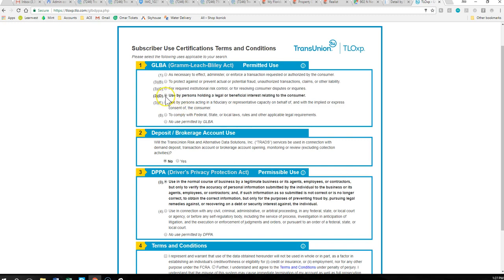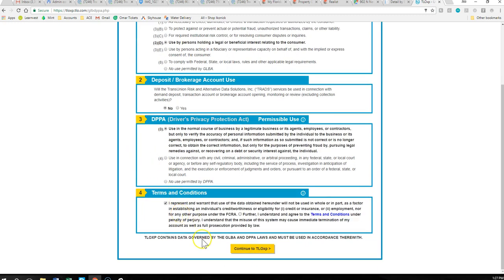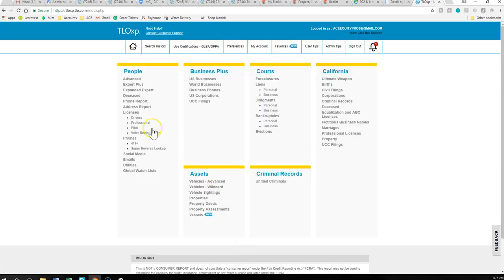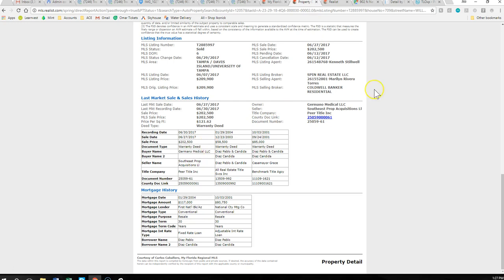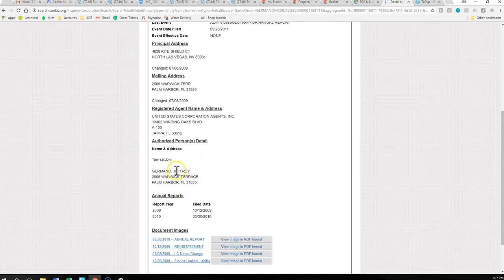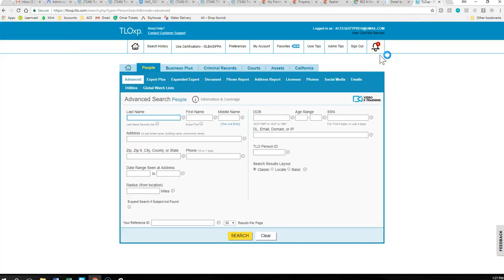So it's 3D, no, and then 3. And you click terms and conditions and you put continue. What you want to do is search people. And now what we're going to do is search this guy's name. So Germano Jeffrey and 34685. Cool? Got it. Germano Jeffrey.